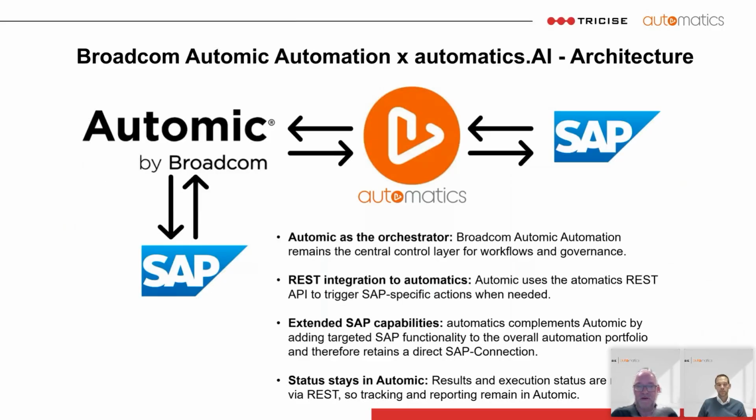So you can see this like with many other technologies where Automic is, let's say, the umbrella. It knows the end-to-end process, and automatics is working closely and is executing on an infrastructure layer: security patching, operating system patching, certification management, all these tasks that are required in a larger SAP environment.